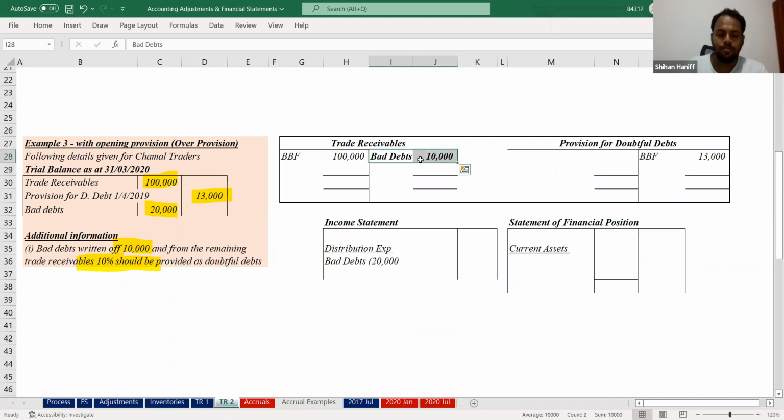Then the total bad debt will increase by 10,000, and it becomes 30,000.